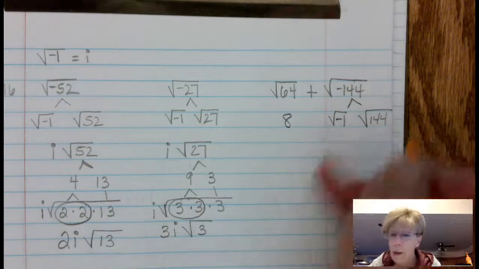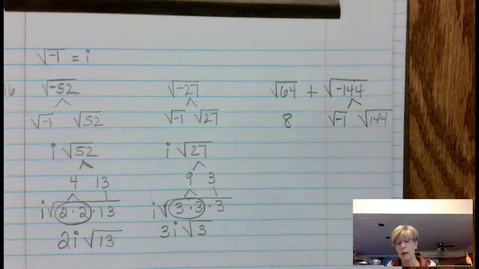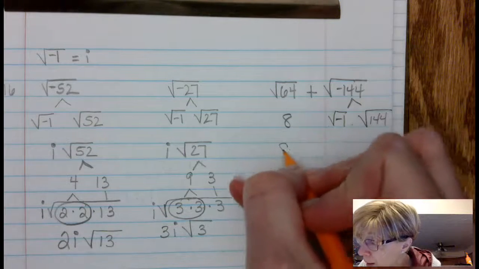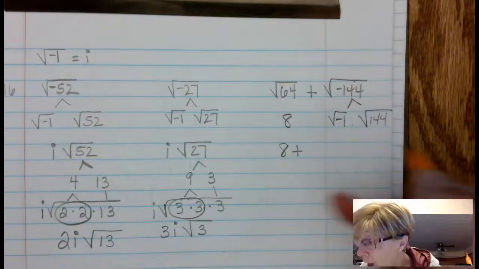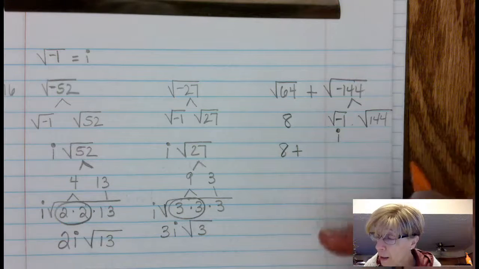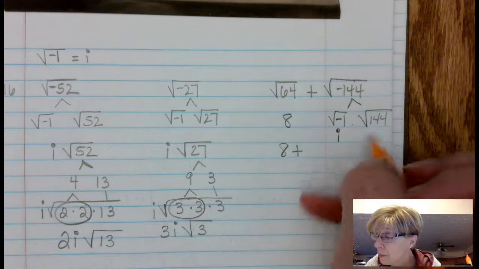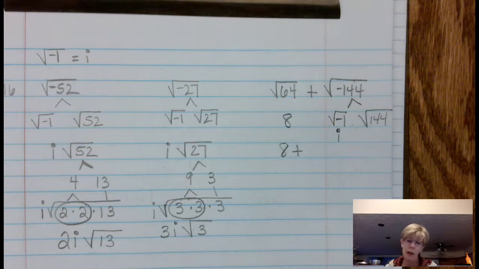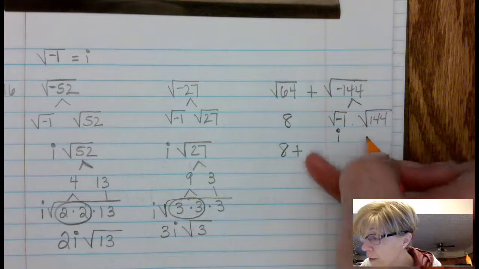But over here with the square root of -144, when we simplify this, we need to deal with the square root of -1 first. So as we deal with that here, it's going to be 8 plus i something, because the square root of -1 is i. And the nice thing is, on the square root of 144, we can take the square root of 144.